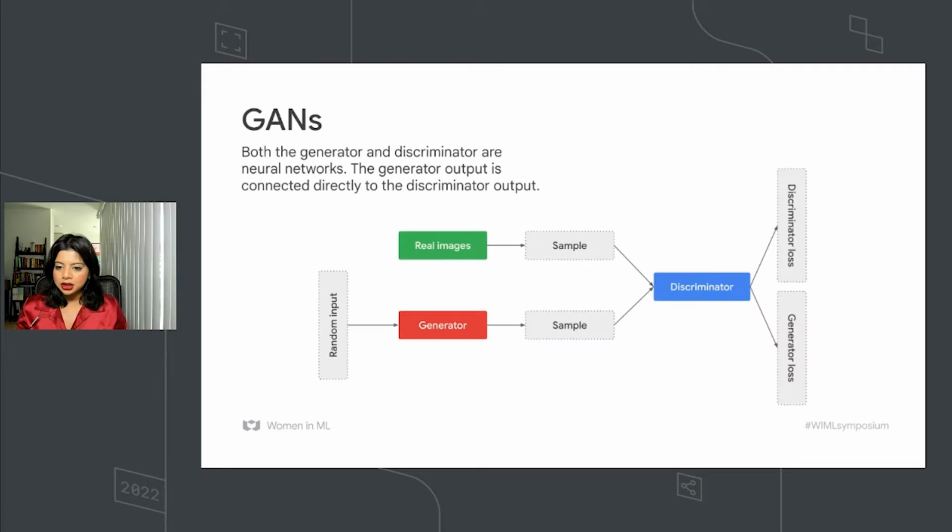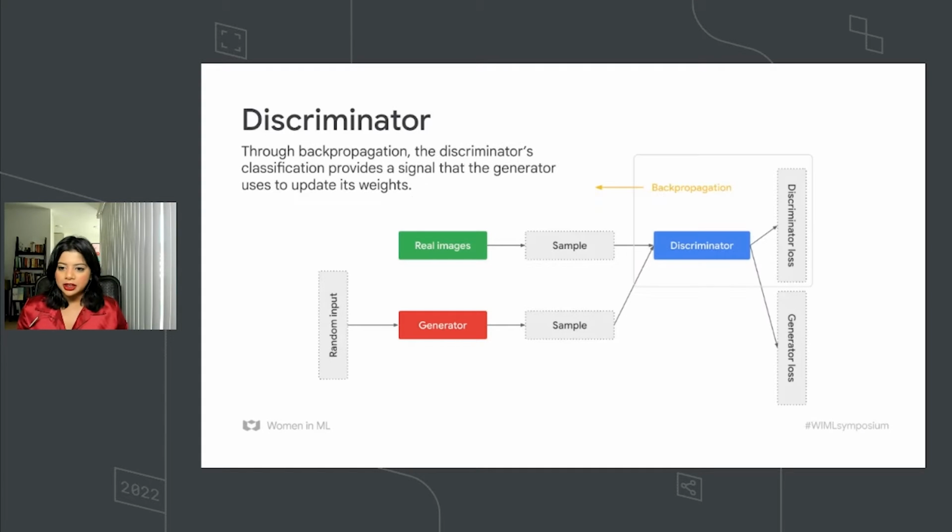In a generative adversarial network, both the generator and discriminator are neural networks. The generator output is connected to the discriminator input, and through that, backpropagation occurs. It allows the neural network to improve its accuracy. Specifically in GANs, the discriminator's classification provides a signal that the generator can use to update its weights and therefore produce more accurate predictions.